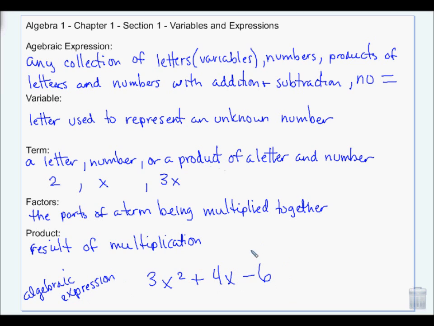So this whole thing is an algebraic expression down here at the bottom. These individual parts are terms. Okay, oops.